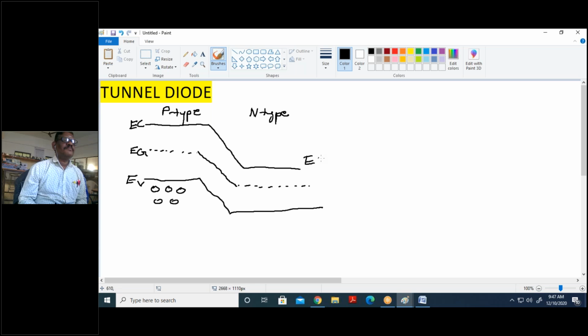This is EC, EG, and EV. Before biasing conditions, I am taking here only 5 free electrons. N-type material, here P-type material.